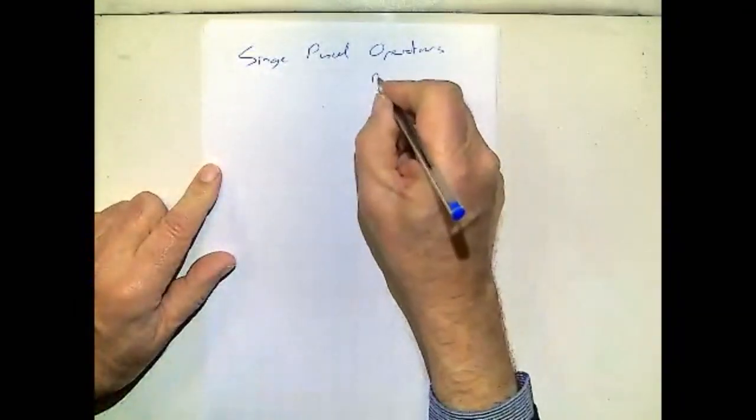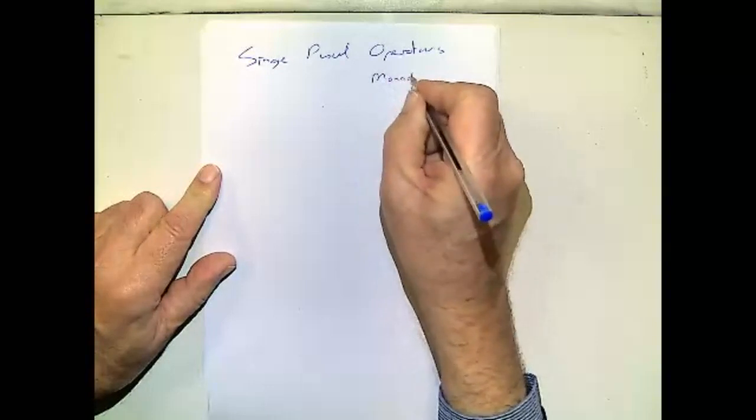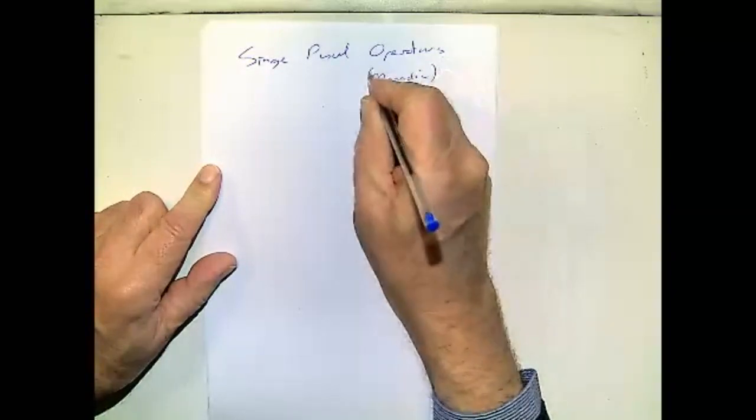Now, in some books, these are called monadic operators. I don't know why they use an obscure word like that. Single pixel explains exactly what they are. Monadic operators are operating on single pixels.